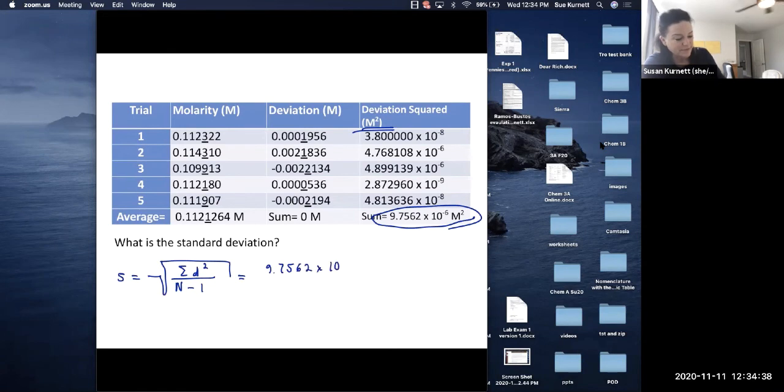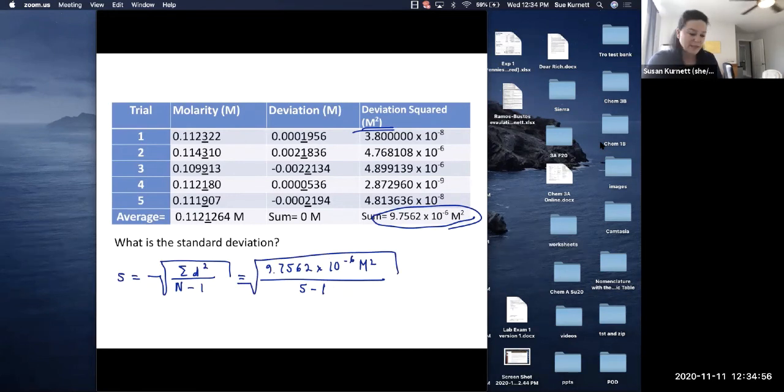Again, I'm rounding it to 5 sig figs here, but that's not what I had in my calculator. When I did it, I had more things in my calculator. Okay, so molarity squared, square rooted, ends up being molarity.